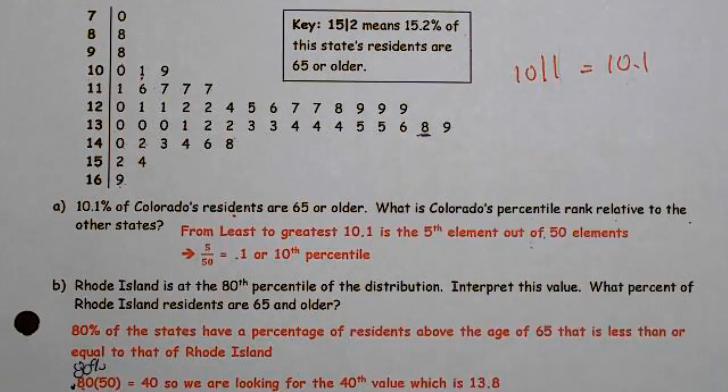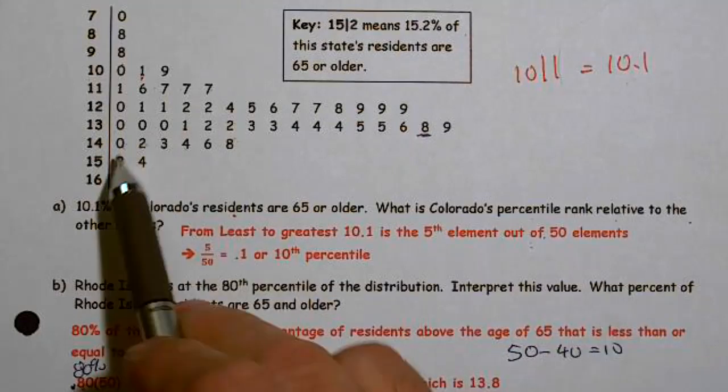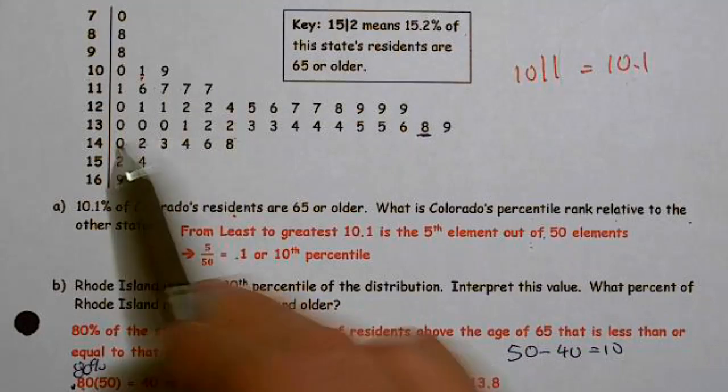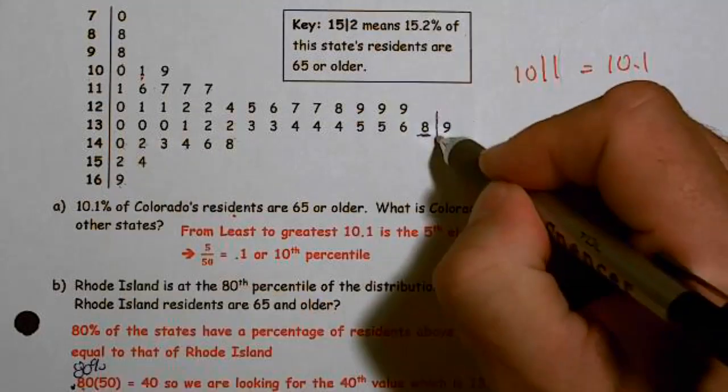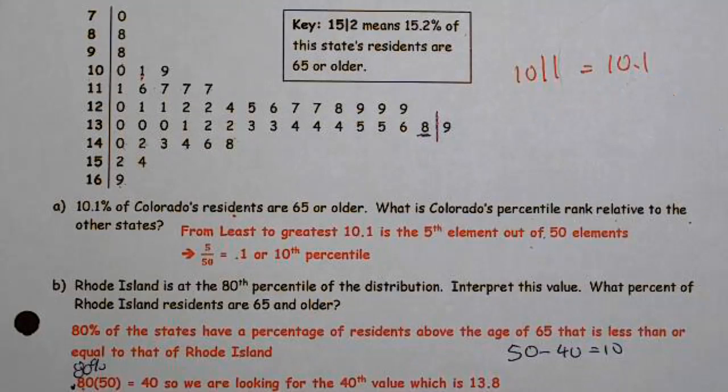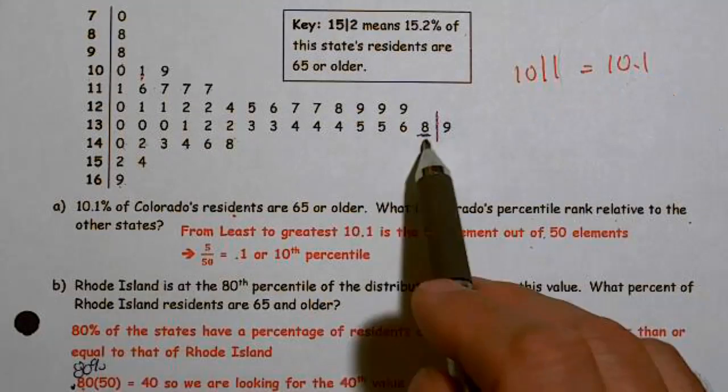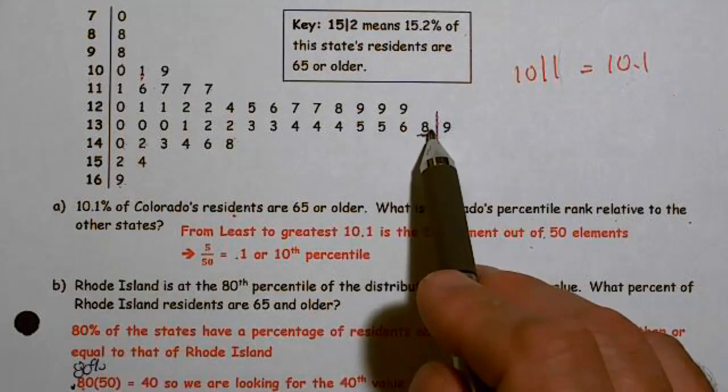Or be very, very careful about this. This messes a lot of people up, but you could do this. 50 minus 40 equals 10. So 1, 2, 3, 4, 5, 6, 7, 8, 9, 10. And I have to be below it. The key thing is you have to make sure you're below it, which means we're at 13.8.